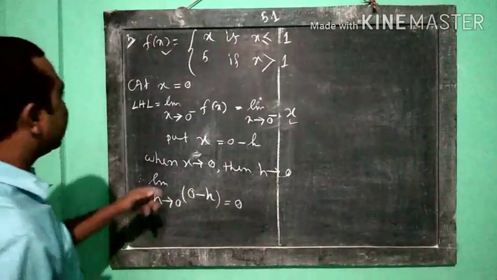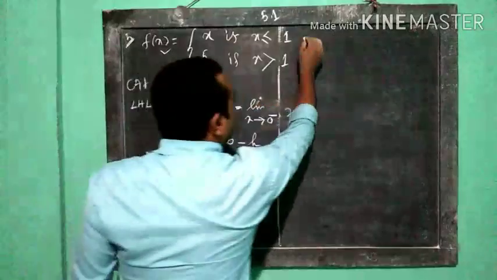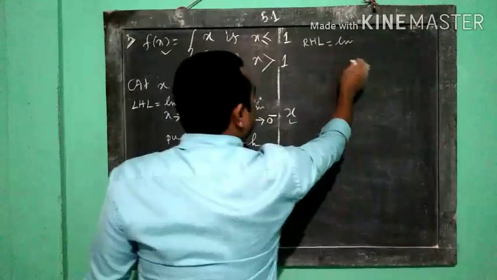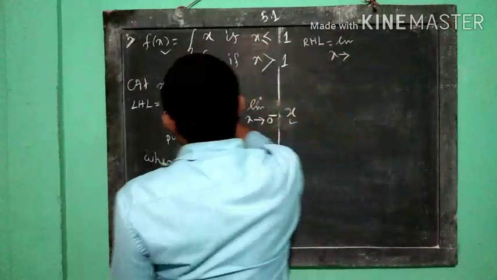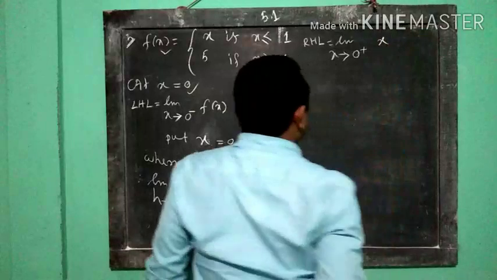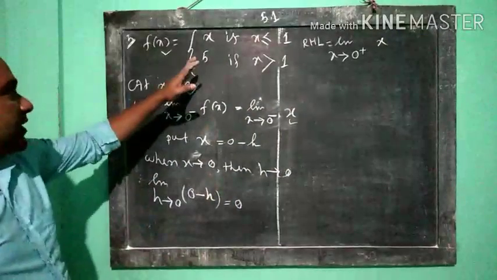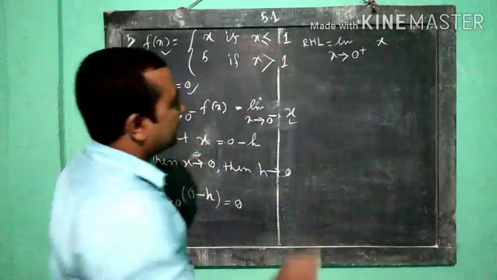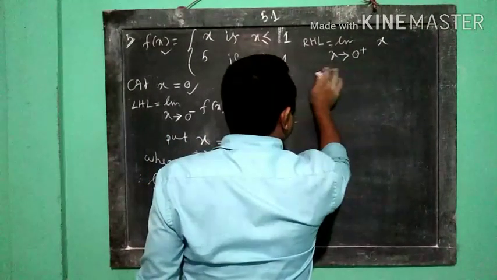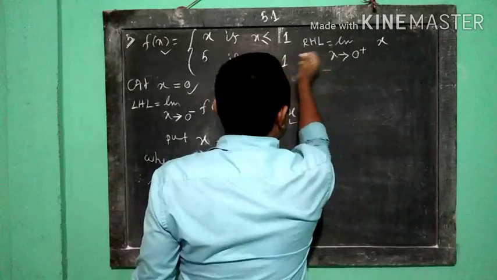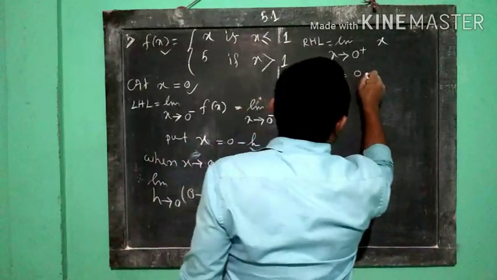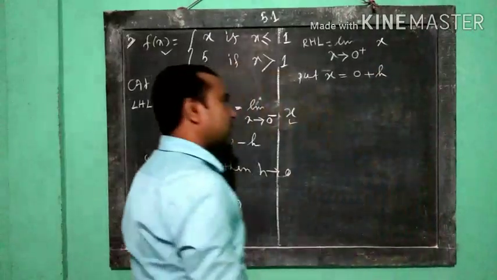Now we are going to find the right hand limit. So right here right hand limit equal to limit x tends to 0 positive of f(x), because 0 positive means 0 plus something. Put x equal to 0 plus something, something is h.